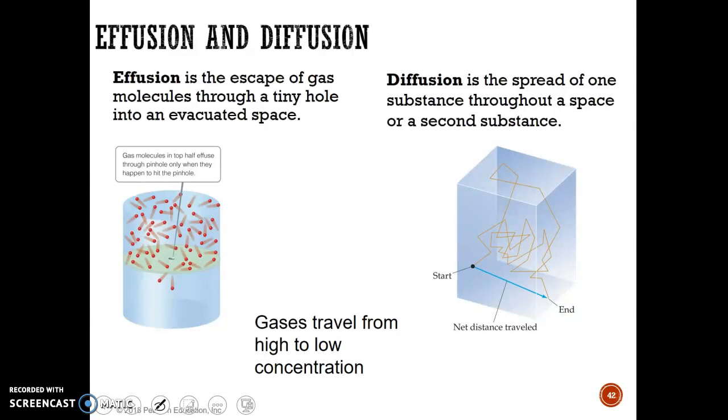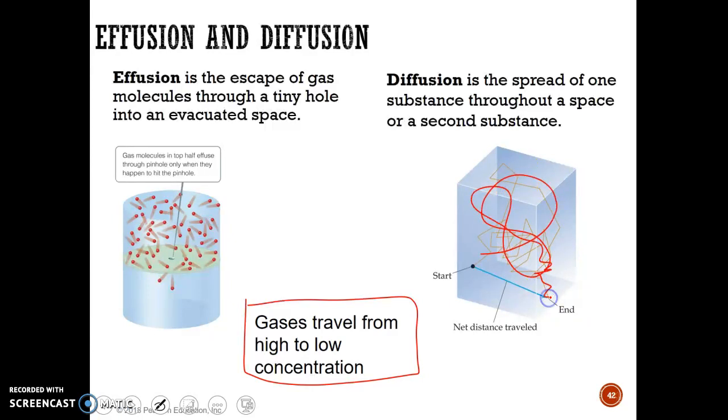But in both of these cases, you'll see that the gases flow from high concentration to low. I think that is one of the questions on your handout. It might take a direct route, it might take a roundabout way, but we'll go from high concentration to low concentration.